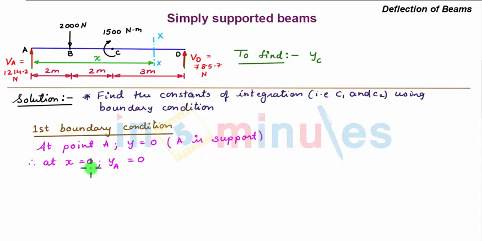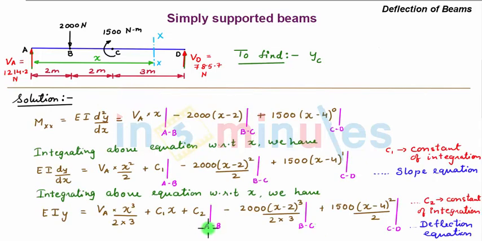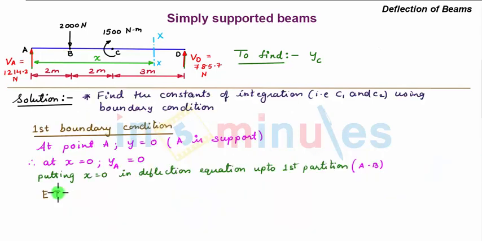So now putting the value of x equal to 0 and y equal to 0 in deflection equation up to first partition, since the equation up to first partition is valid between point A and B, we have EI into y equal to 0 is equal to VA into x cube by 2 into 3 plus C1 into x, which is 0, plus C2. So upon solving this, we get the value of constant of integration C2 as 0.